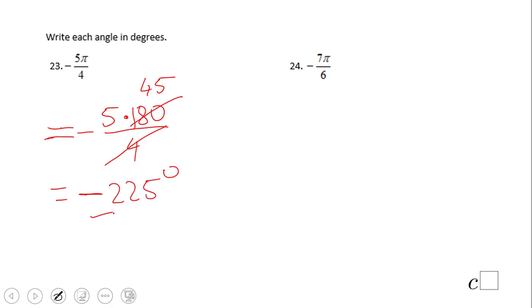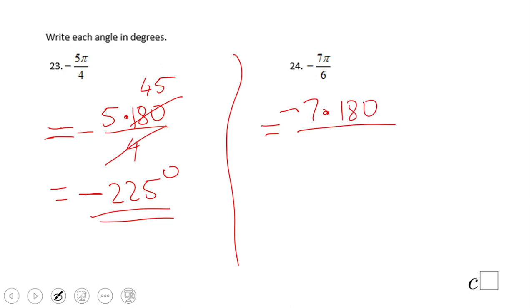So this is the measure in degrees for 23. Try 24. If you end up with negative 210 degrees for number 24, then you did an excellent job.